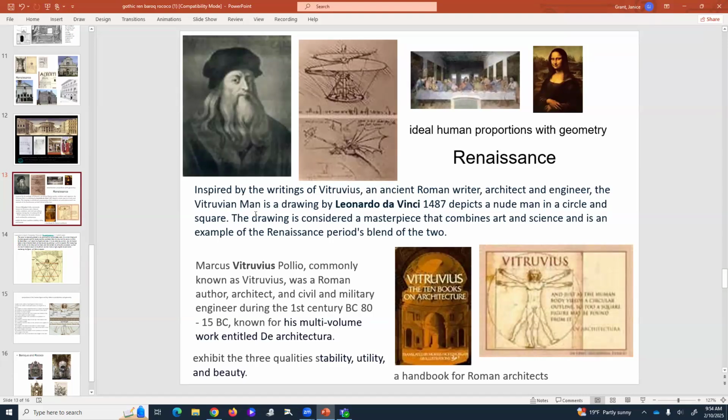So Leonardo made this drawing called the Vitruvian Man. And I think you've seen it before.